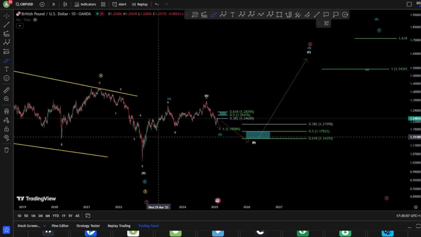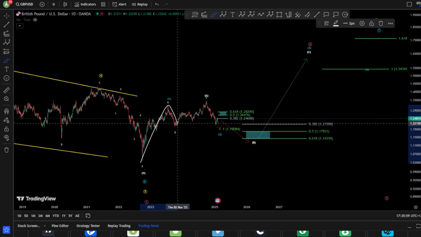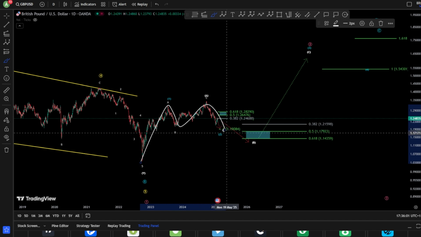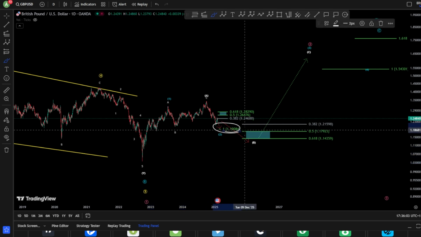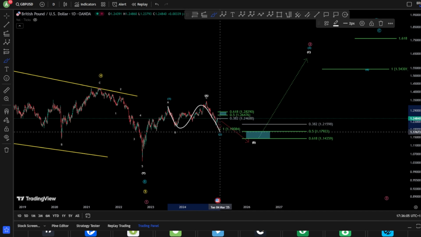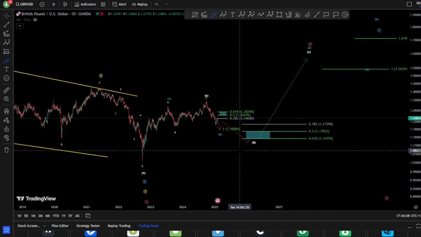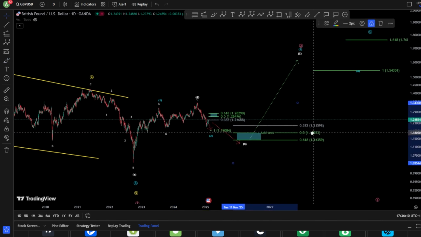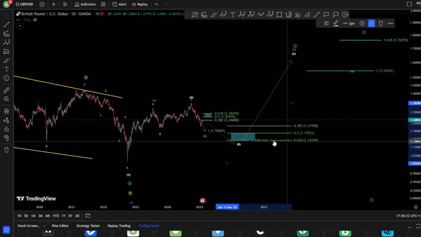Now, in case we are impulsive in the blue scenario, we have a 1, 2, A, B, and a C. You would like to reach the wave 2 around the 1 to 1 fib level, finishing this A, B, and a C, or probably even between those fib levels, between 1.17 and 1.14.